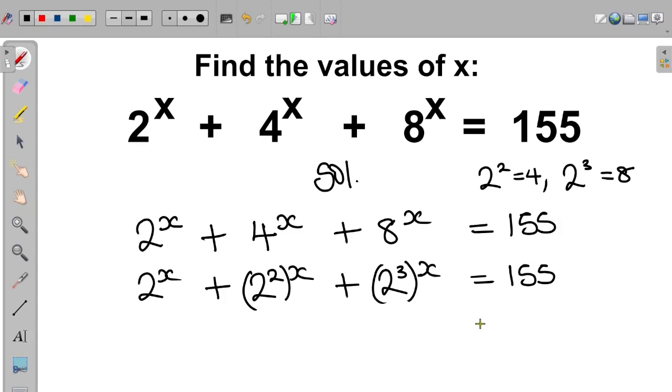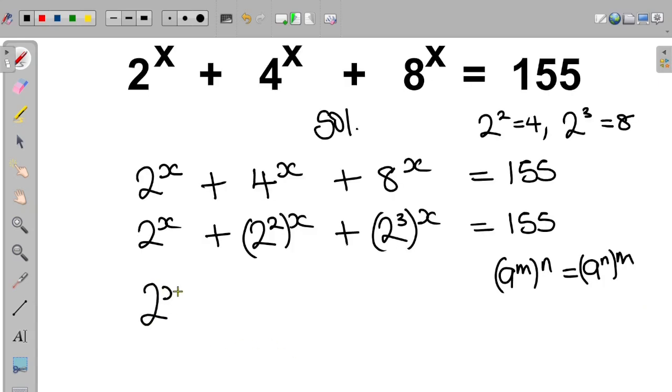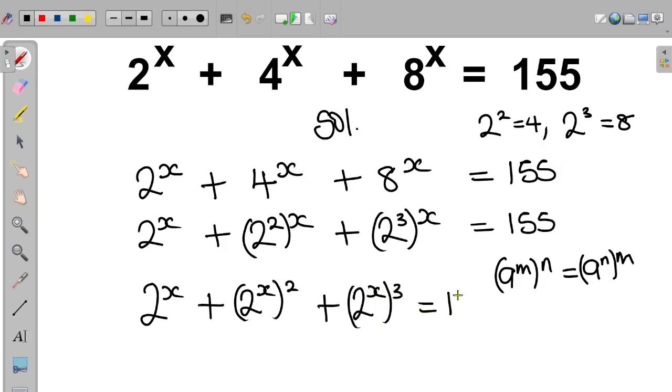Now, from the index law of indices, we know that if I have a to the power of m all to the power of n, this can be expressed as a to the power of n all to the power of m. So therefore, the equation now becomes 2 to the power of x plus 2 to the power of x all to the power of 2 plus 2 to the power of x all to the power of 3 equal to 155.